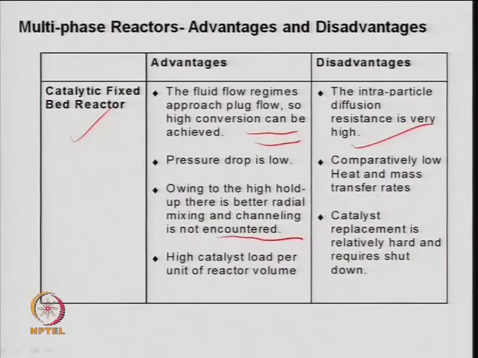The second thing is heat and mass transfer, because of heat removal and the concentration gradient that may be generated in a packed bed reactor, because you do not have any kind of stirrer there. So, there will always be a concentration gradient from the bulk to the center of the catalyst, down the length as well as radially. Heat removal is an issue in the fixed bed reactor, and the same with catalyst replacement, which is difficult.